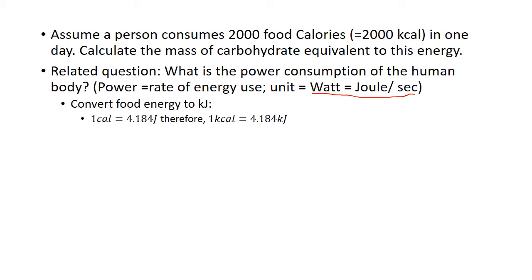I simply multiply by 1,000. Now the 2,000 food calories, what is that in kilojoules? I do a standard unit conversion, where my equivalence relation goes into a conversion factor in such a way that the units cancel. And I get this number, 8,368 kilojoules.